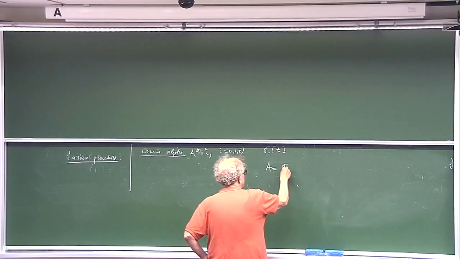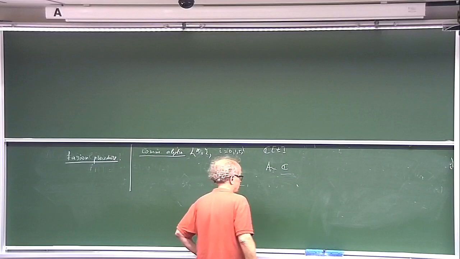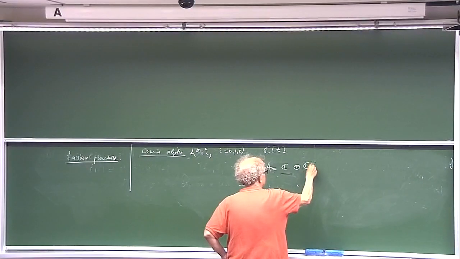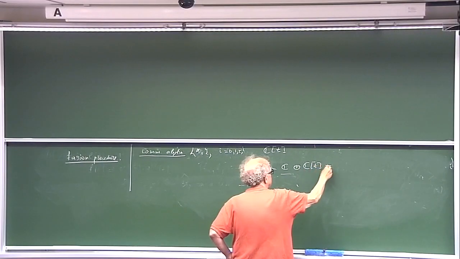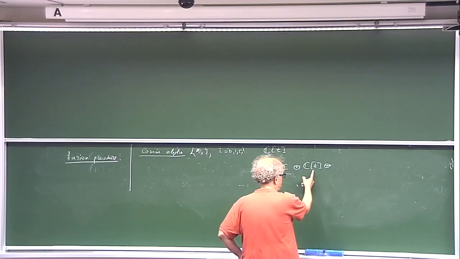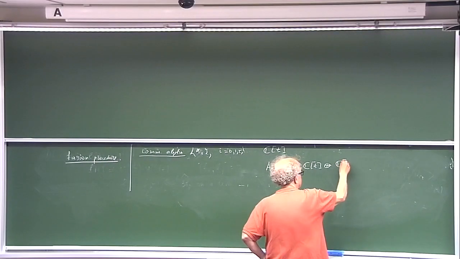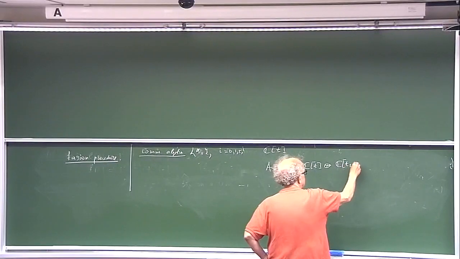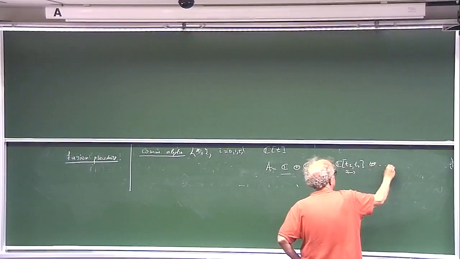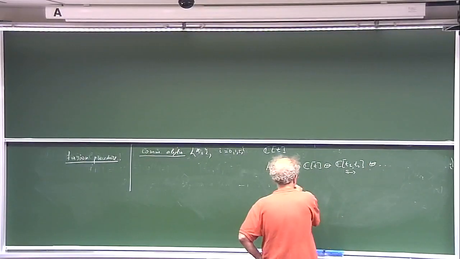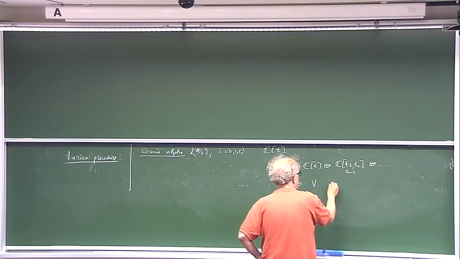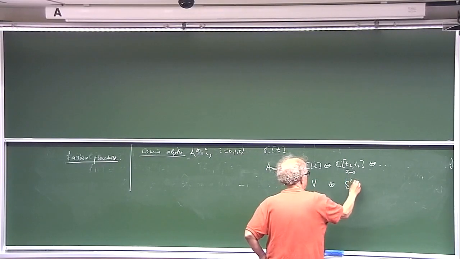It is C, just something generated by a constant, plus the space of generators, it is T, plus the symmetric power of this. Again, it is C, the space of generators V, the symmetric power of V, and so on.